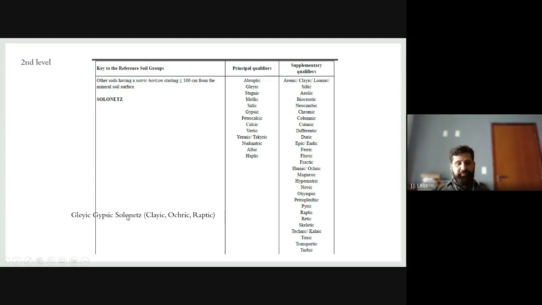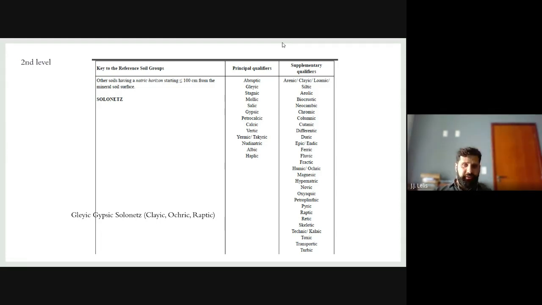After the reference soil group, we open the brackets and insert information between commas and between the brackets, following this criteria again, but in this case, the supplementary qualifiers are in alphabetic order. They do not follow an order according to importance, but only follow an alphabetic order.